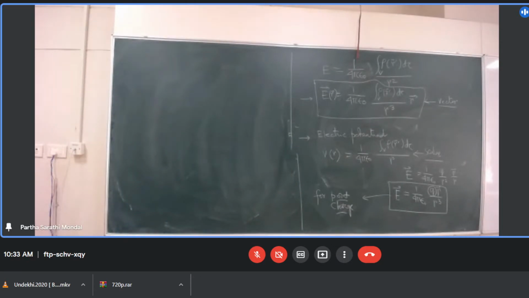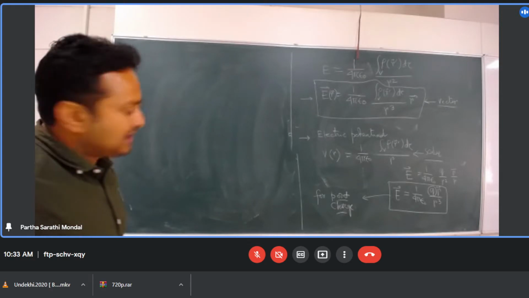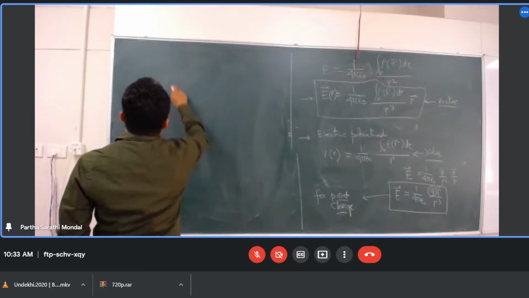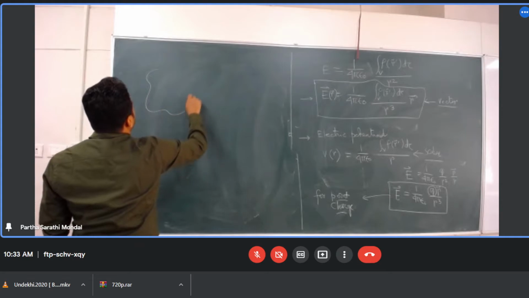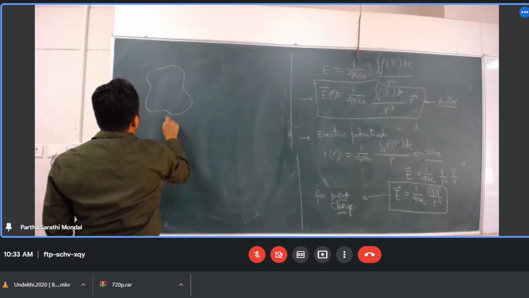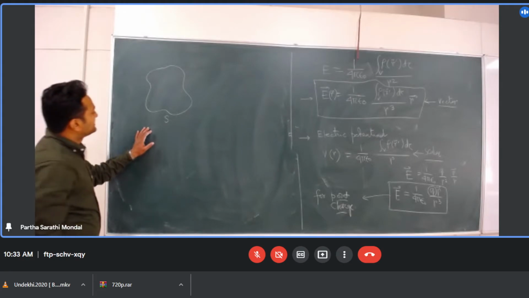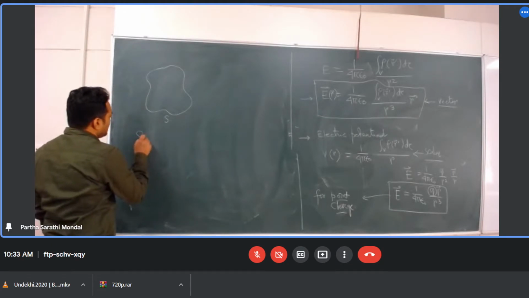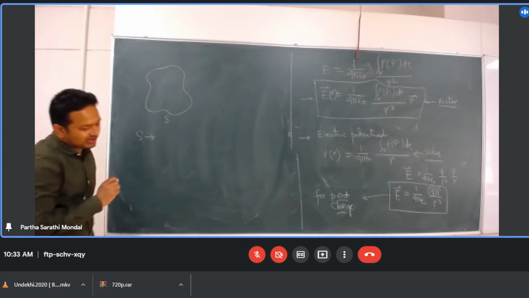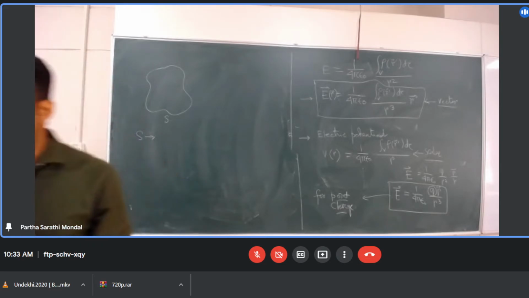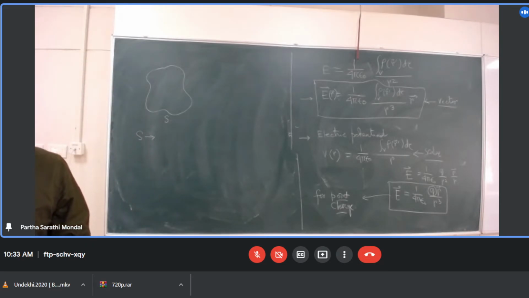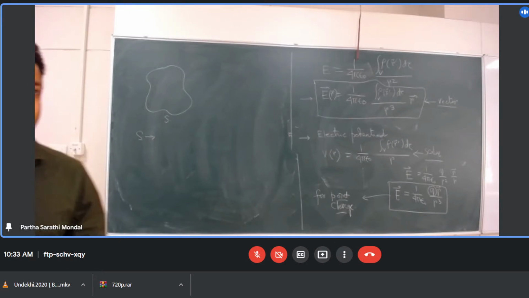So now what I'm saying is that let's say you have a surface. Okay, you have a surface S, and this surface is a closed surface. देखिए, Gauss theorem जो है, it only works for a closed surface. That means it must define a volume. Otherwise it will not work.